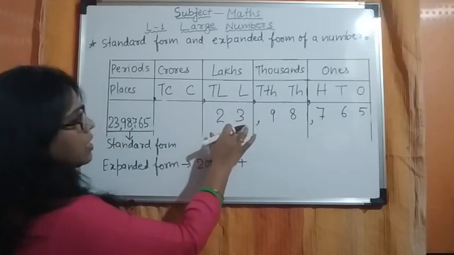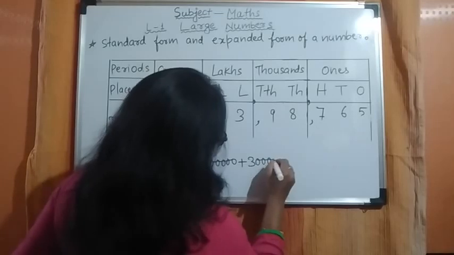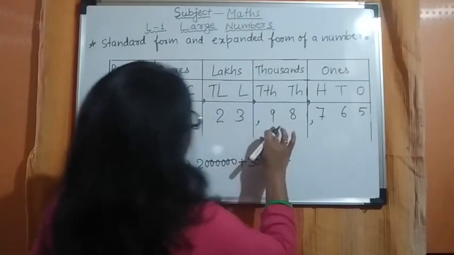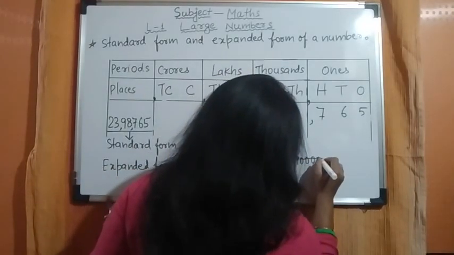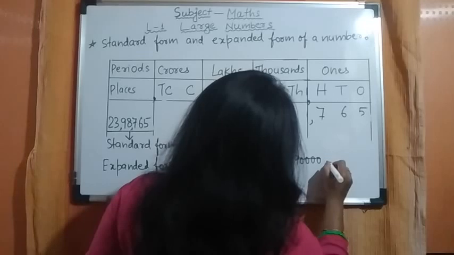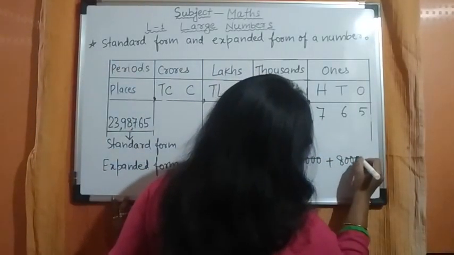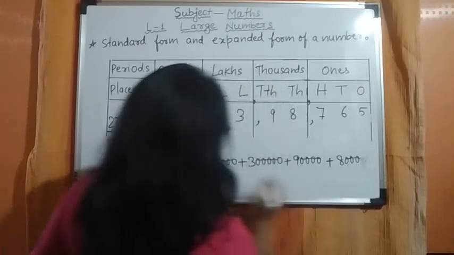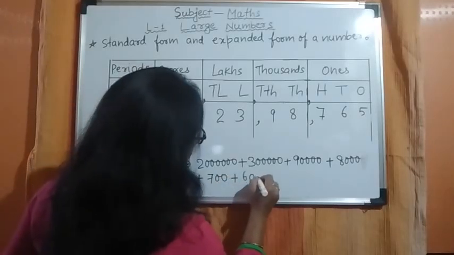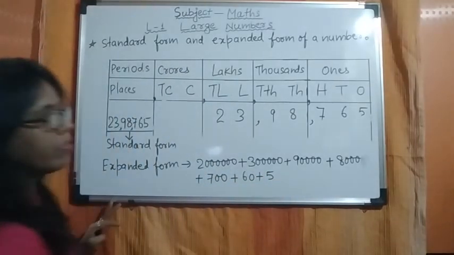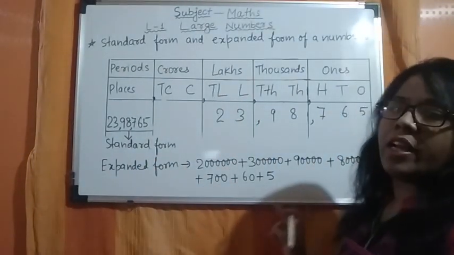Then 3 has place value 3 lakhs. 9 has place value 90,000. Then 8 has place value 8,000. Then 7 has place value 700. 6 has place value 60 and 5 has place value 5. Fine. So this is called expanded form.